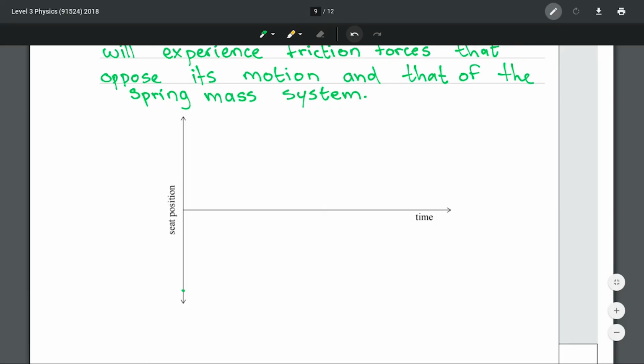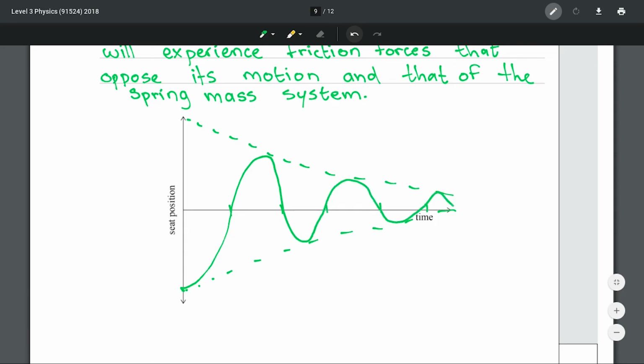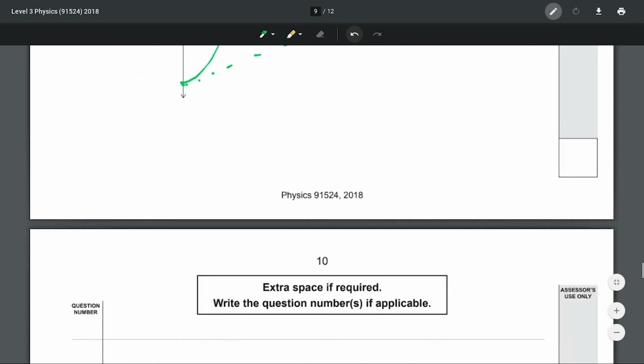And so obviously I'm going to have the amplitude decreasing over time, which means it's going to go within, let's say, these bounds here. But what I want to make sure of is that the period remains the same. That's one thing that the examiner will be looking for. So let's try that. And we're done.